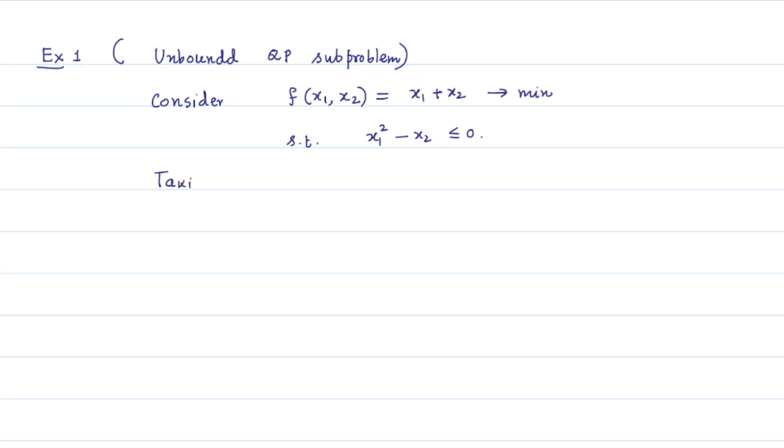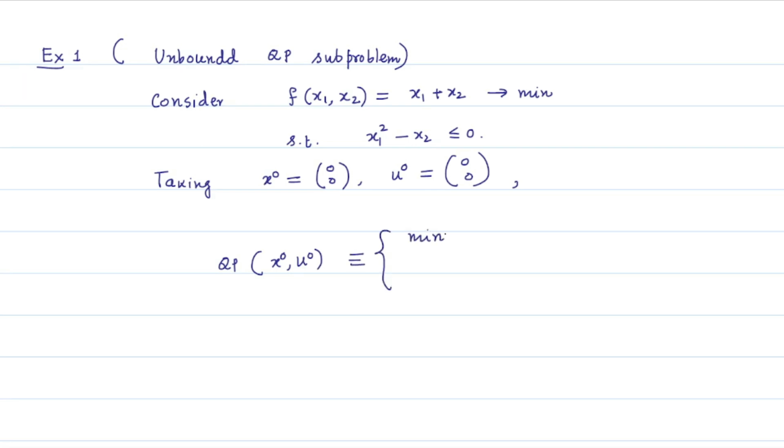Taking the initial point as the origin together with the initial Lagrange multipliers as the null vector, we see that the QP at the point x0 with u0 is the minimization of d1 plus d2 subject to minus d2 less than or equal to 0.